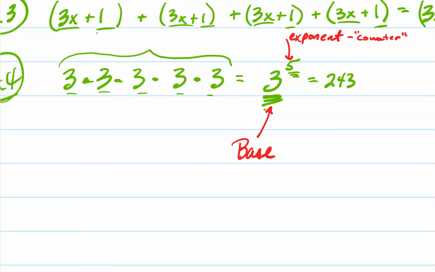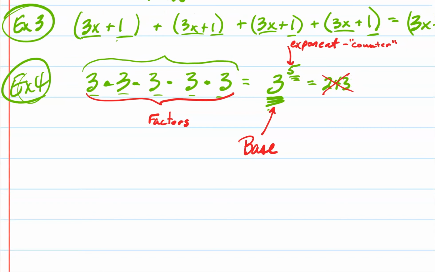And then the result, as it's written in its expanded form, we would say are our factors. So not this here, that's the solution, or that's a simplified result, but I would call these the factors. The factors are the lists of the products necessary that would multiply together to equal the exponential expression.